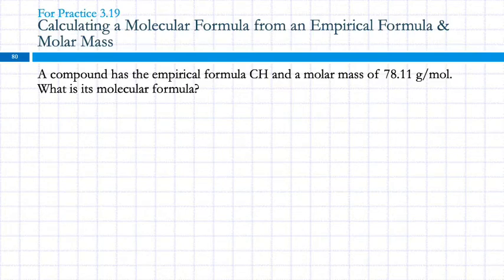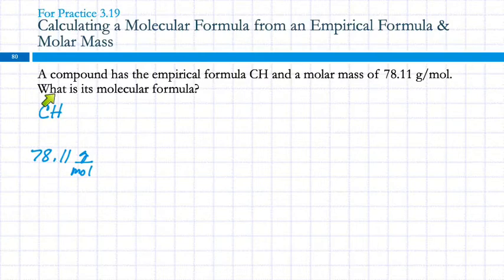So a compound has an empirical formula CH and a molar mass of 78.11 grams per mole. What is the molecular formula? So the empirical formula is CH, and the actual molar mass is 78.11 grams per mole.